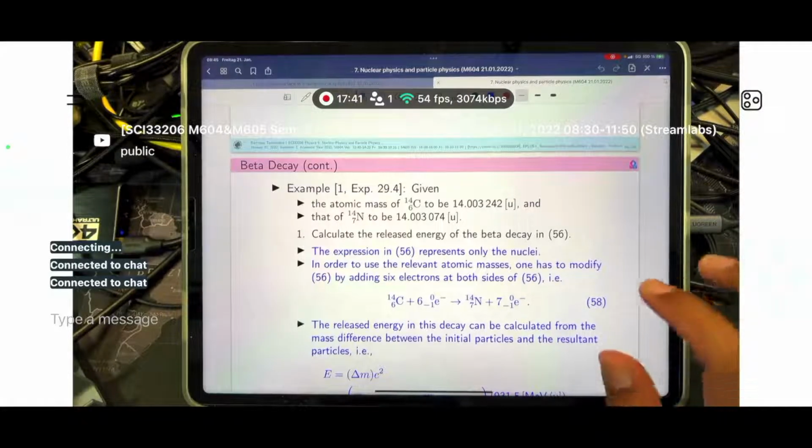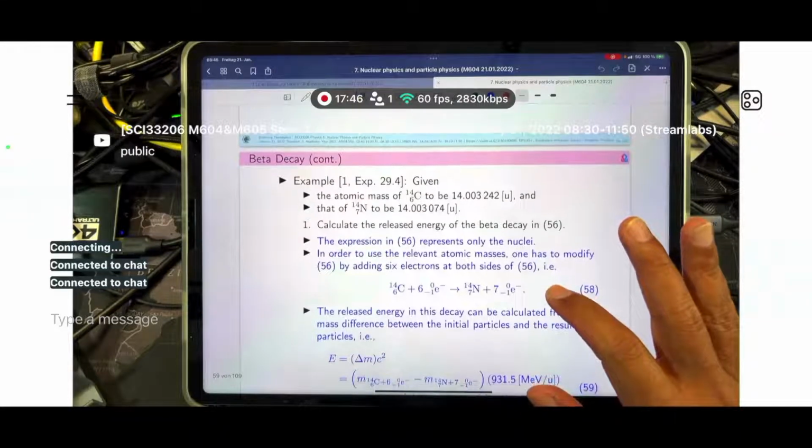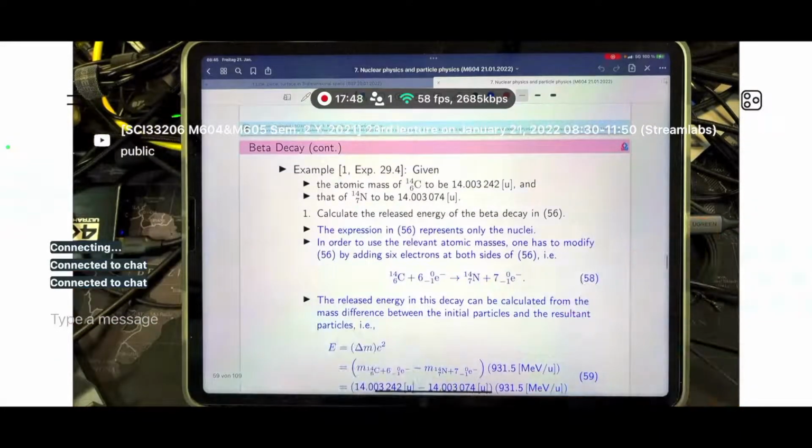Okay, yes, this is the beta decay. HDMI. Okay. And here too, HDMI.